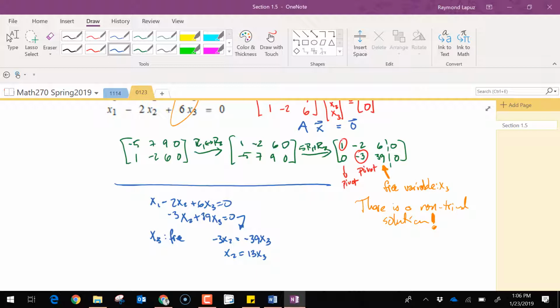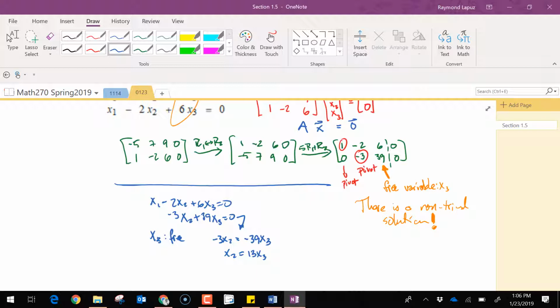We have infinitely many solutions because we have a free variable, and the free variable says that I can let this free variable be whatever I want, and then all the other variables will depend on that free variable.